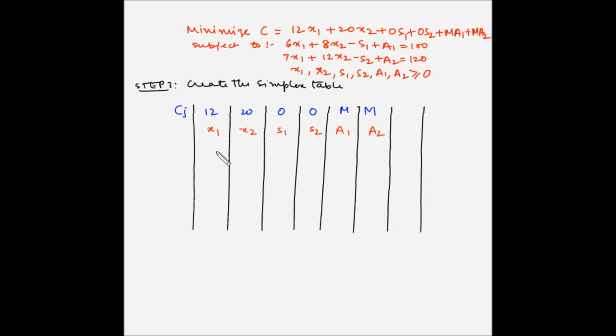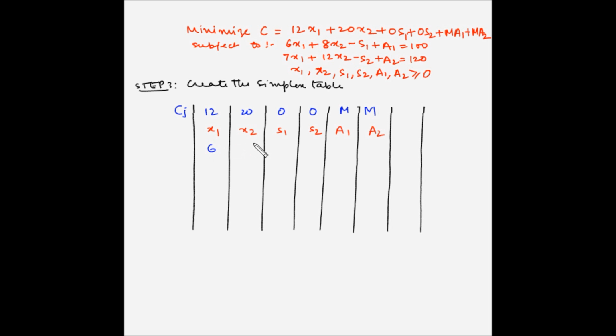And below the second row, the coefficients of the variables in the constraints are noted down. So our first constraint is 6x1 plus 8x2 minus s1 plus a1 is equal to 100. So let's note down the coefficients of the variables in the third row.